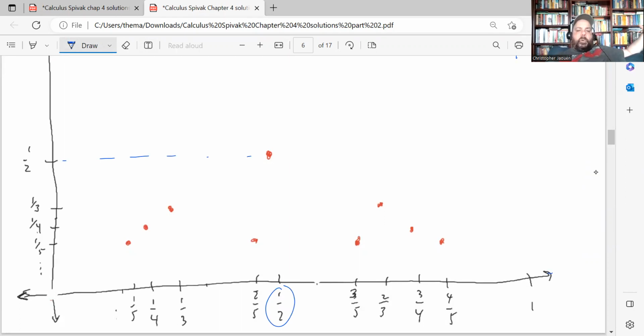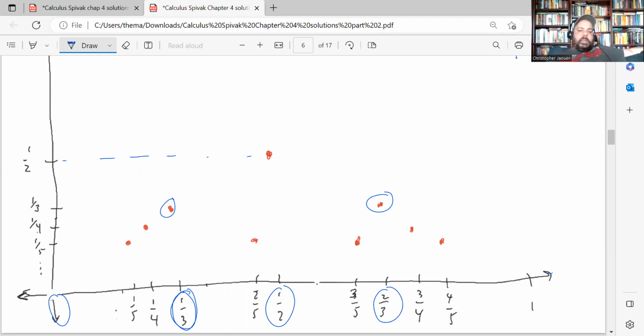For the points in the interval from 0 to 1 that have denominator 3, you could think of 0 as 0/3, but again, it's not reduced. So the only two reduced points with denominator 3 are 1/3 and 2/3. So both of those points get a height of 1/3.